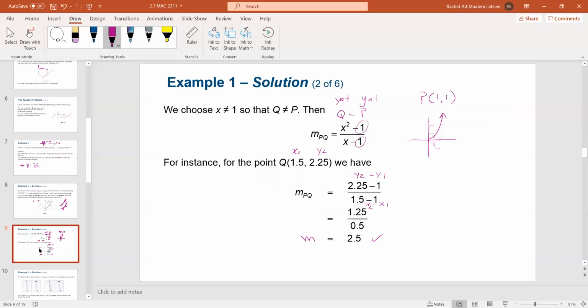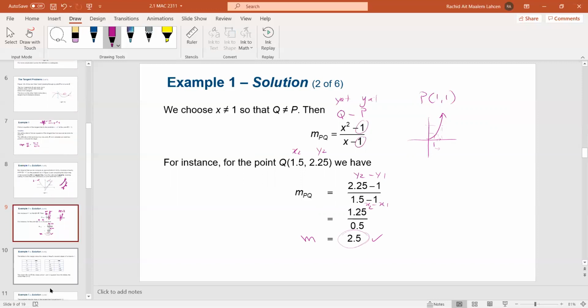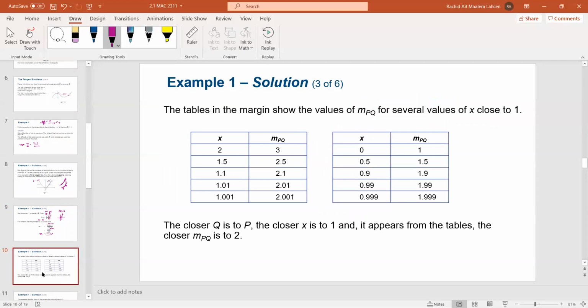As you see, depending on how we pick the second point, this number is going to change. So let's investigate this. If I pick x as 2, I get 3 from the slope formula. The one we tried, 1.5, gave us 2.5.